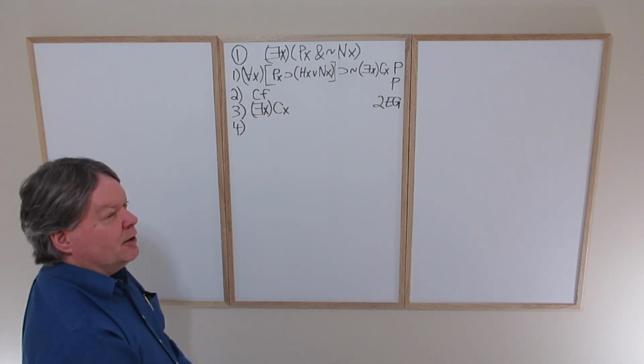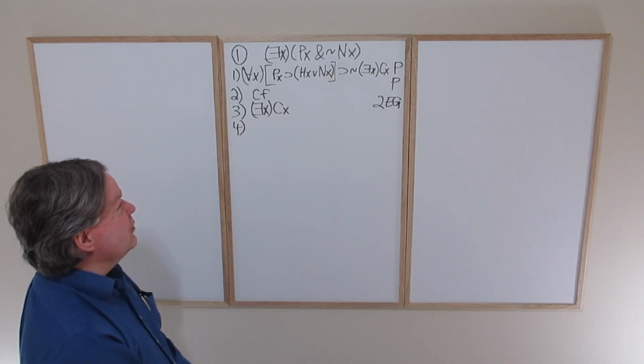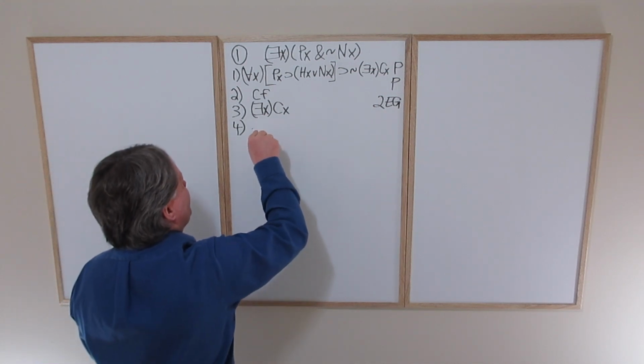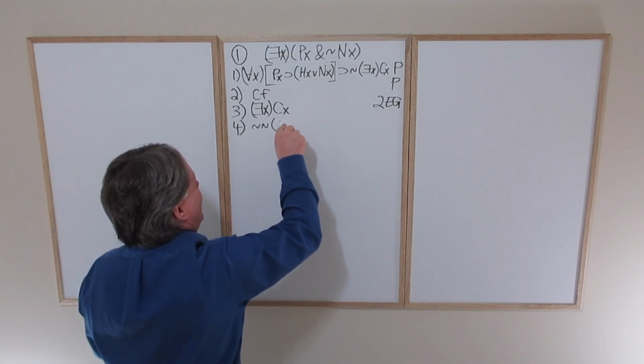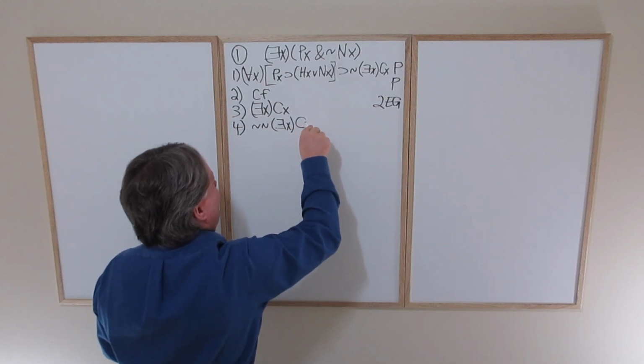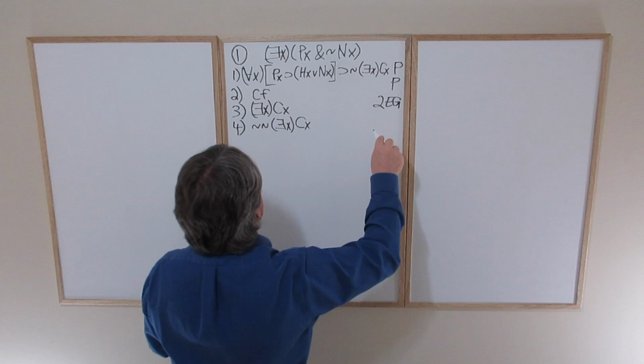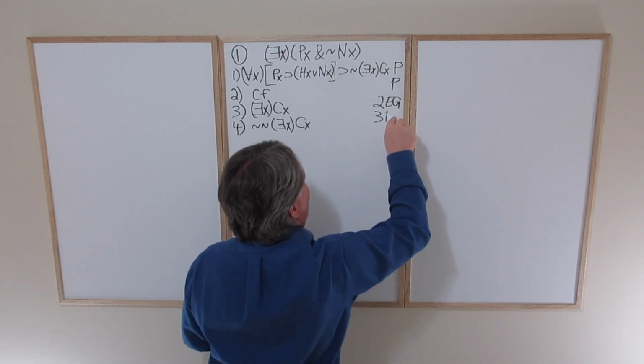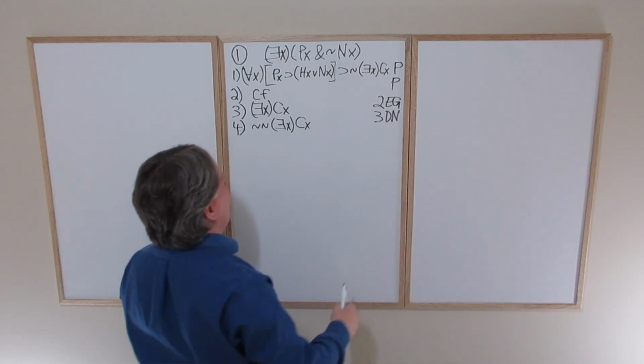Now to get the consequent of the conditional with a tilde in front of it, I doubly negate the entire sentence 3, so that's 3 double negation.